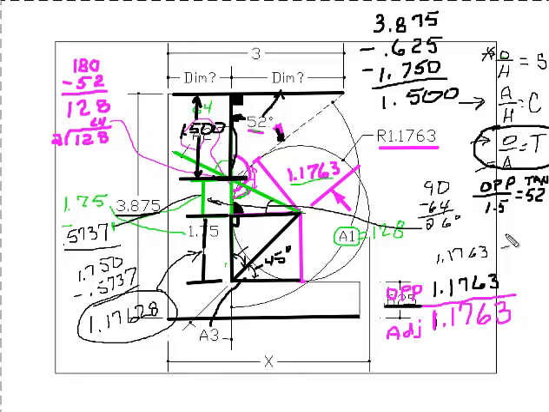You're going to come up with 1.27994, times 1.5. And that's your answer for that up there.